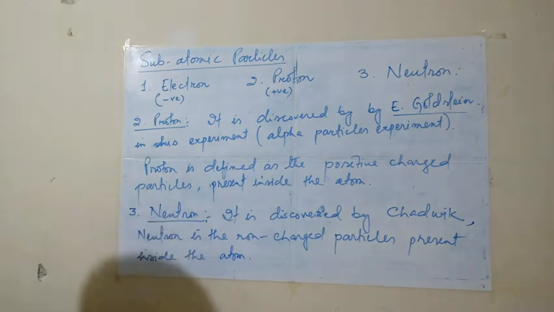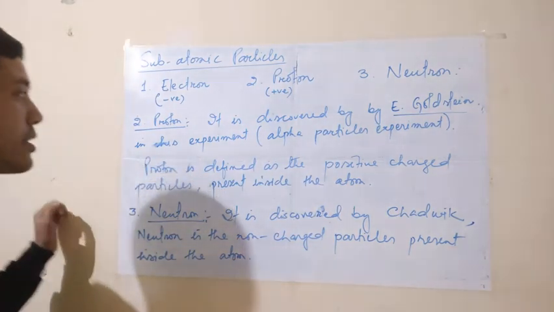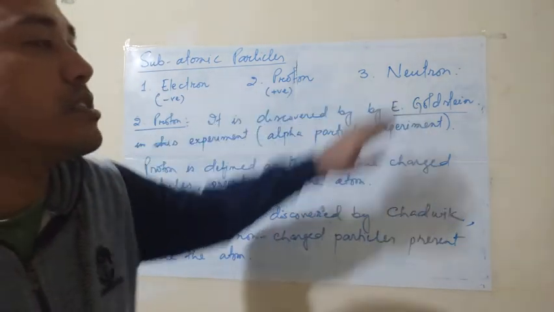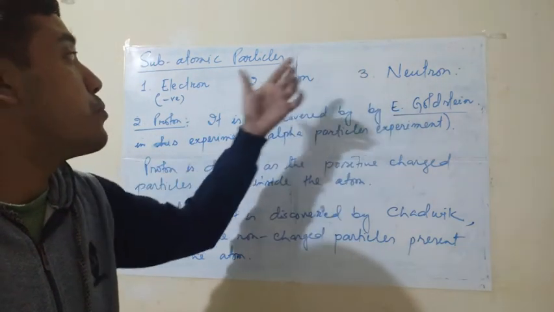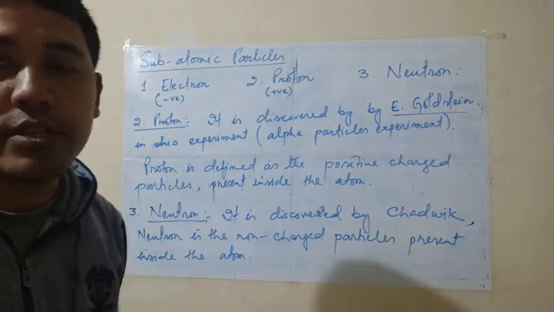These are the three subatomic particles of the atom. The first one is the electron, the second one is the proton, the third one is the neutron. The electron possesses the negative charge, the proton possesses the positive charge.